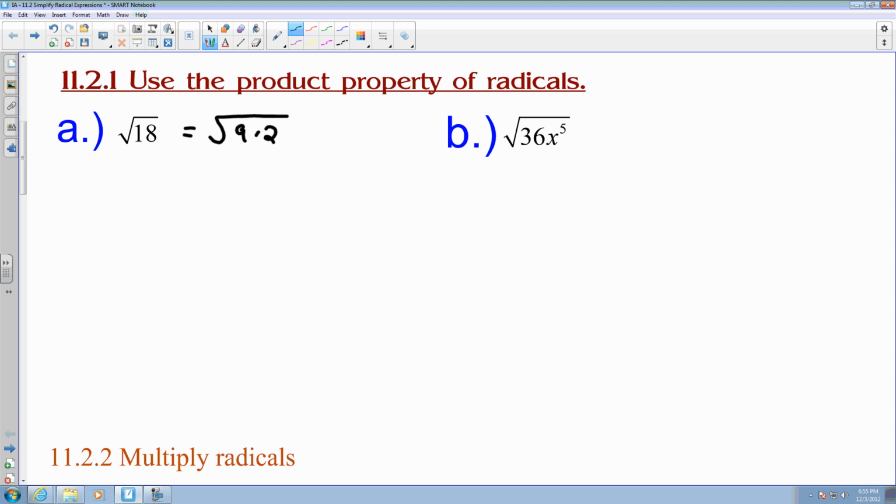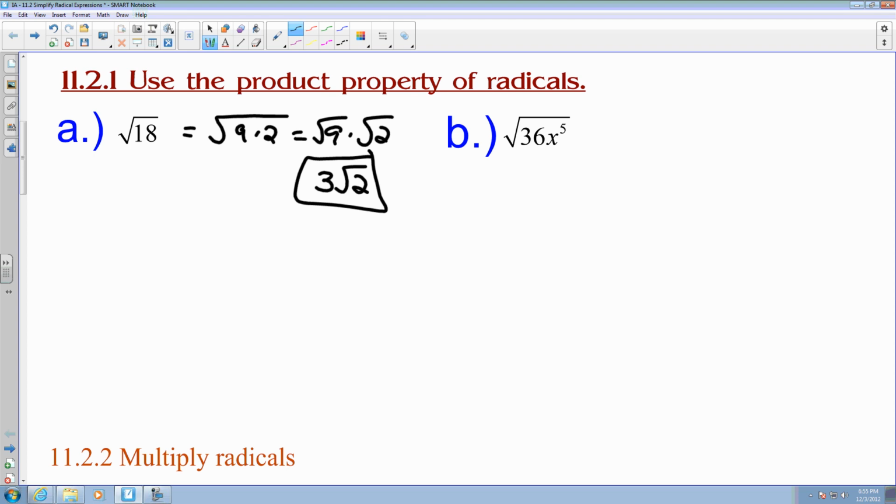But 9 is a perfect square, so this is also equal to the square root of 9 times the square root of 2. The square root of 9, as we recall, is 3, and we can rewrite this expression as 3 times the square root of 2.